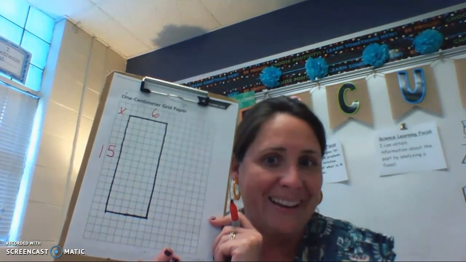So where is the 15 in this representation? We just talked about it. We have 15 rows, okay? Where is the 6 in this representation? If you said 6 columns, nice job. We have 1, 2, 3, 4, 5, and 6 columns, okay? Where do you see the product, the answer, in this drawing?